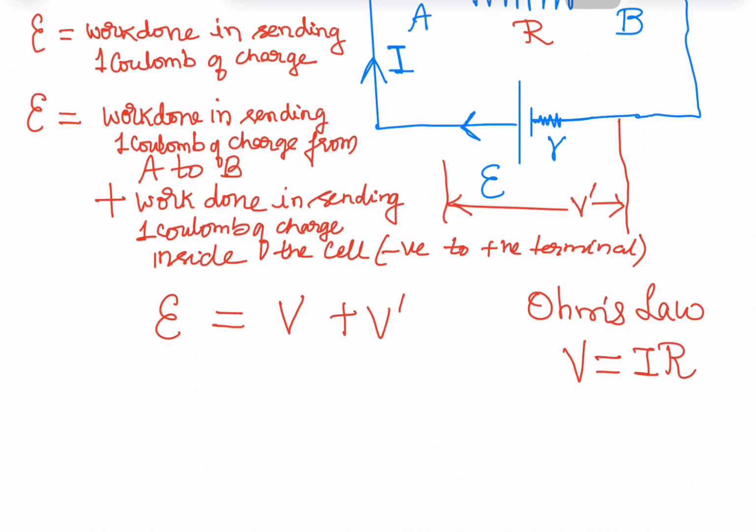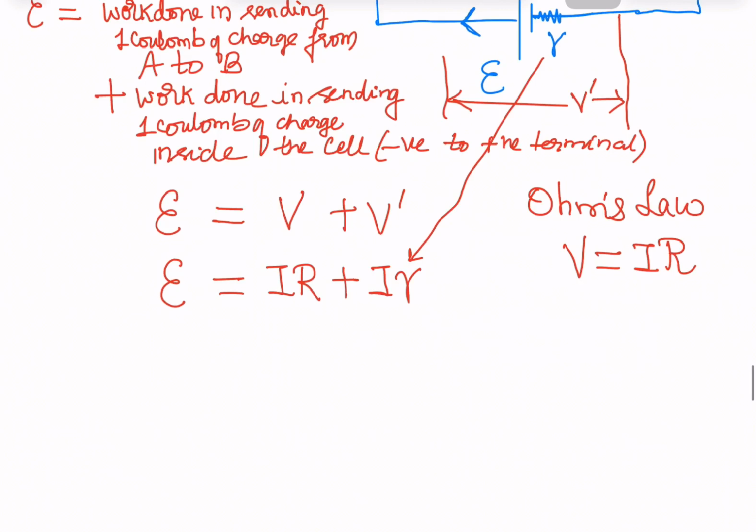Therefore, we can say that EMF of the cell can be written as I into capital R plus, similarly, I into small r, where small r is the internal resistance of the cell.